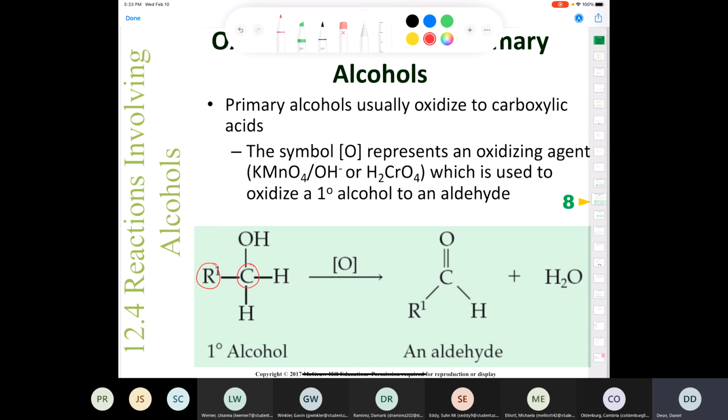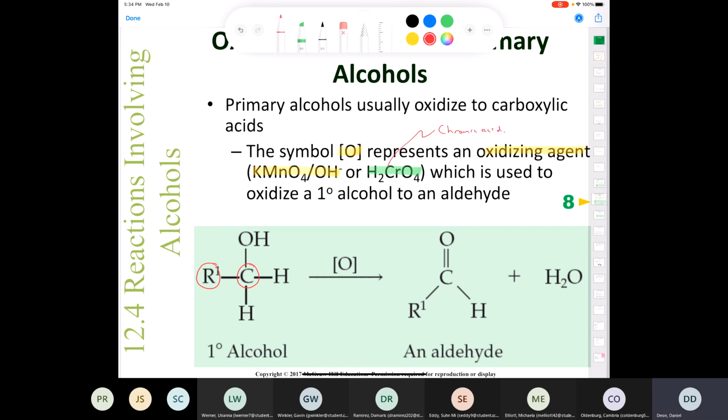Now, the symbol that we use to represent oxidation in organic chemistry is the O in these square brackets. That represents an oxidizing agent. Now, you might be wondering what kind of agents or reagents are used as oxidizing agents. And the answer is we have a couple of possibilities. You can either use potassium permanganate and hydroxide, or you can use H2CrO4. And H2CrO4, this is called chromic acid.